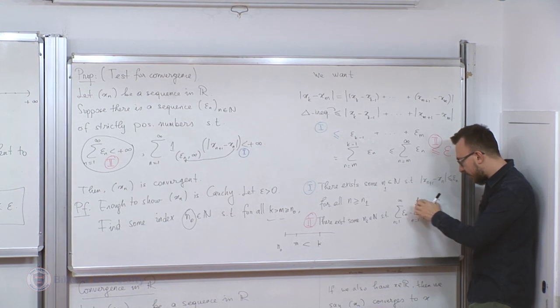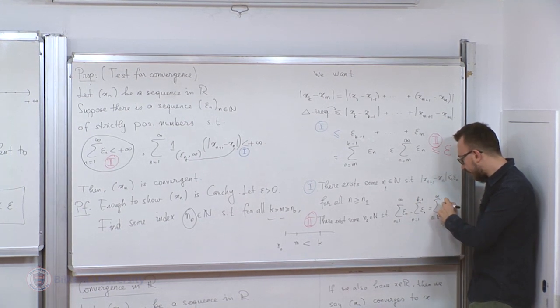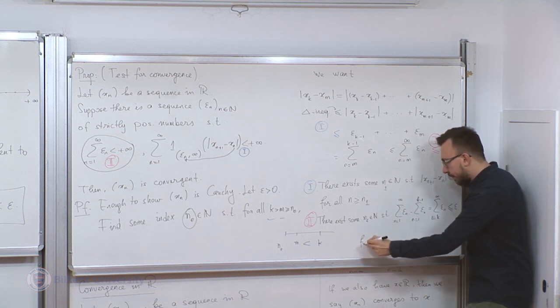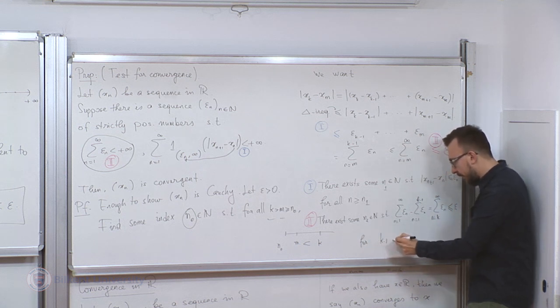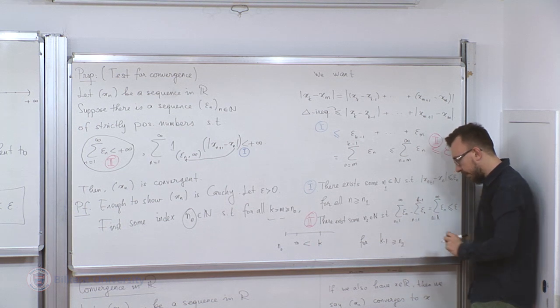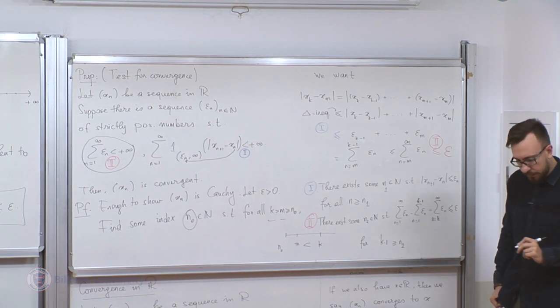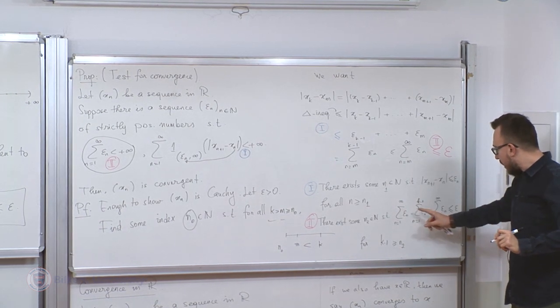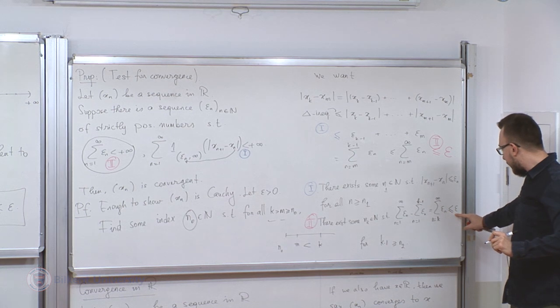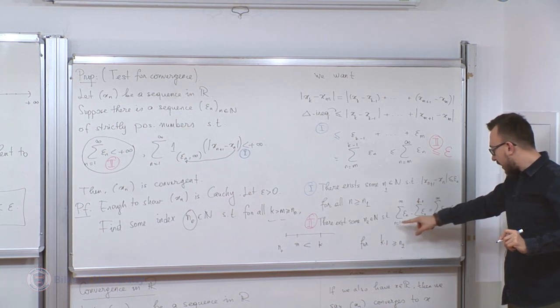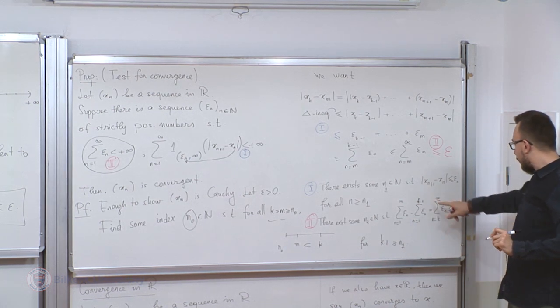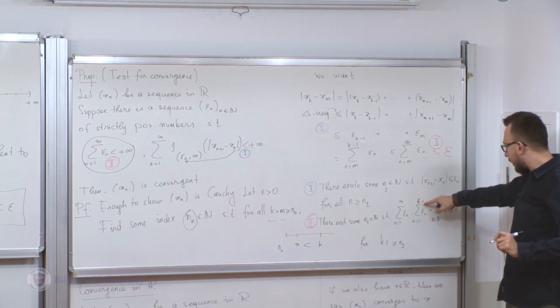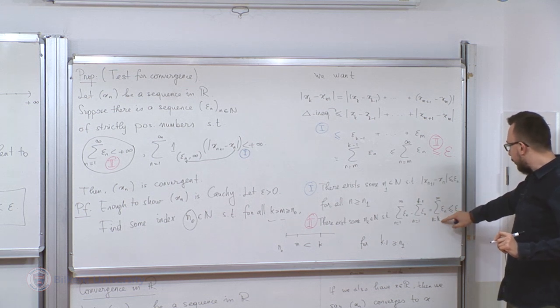So 1 to k minus 1, and then k to infinity. This is going to be less than epsilon for all k minus 1 greater than n2. Right? This is the term that converges to this limit. Therefore, the difference between them is less than epsilon for large k. And I just wrote k minus 1 instead of k here because I'd like to start this sum from k.